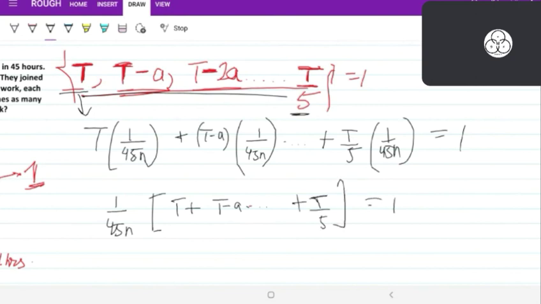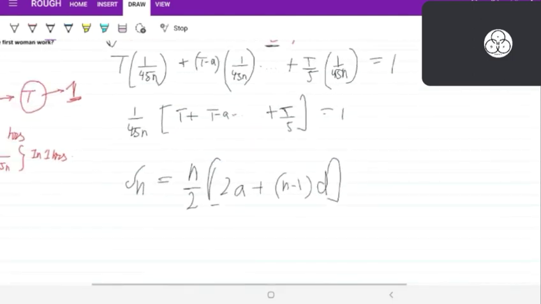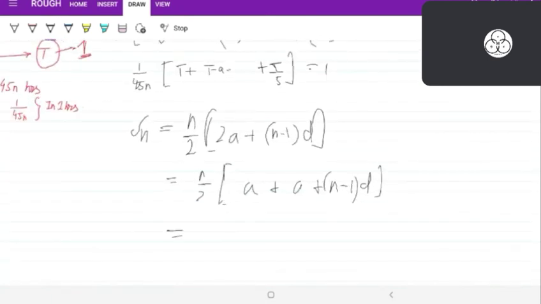Now what is the sum of an AP? I know that this formula is not provided, because the junior faculties may not give you all this in detail. I do not know whether this is provided or not, but I guess that this is not provided. n by 2 into 2a plus n minus 1 into d. This is a very well known formula. This can be written as n by 2 into a plus a plus n minus 1 into d, and that is the last term, so n by 2 into a plus l.